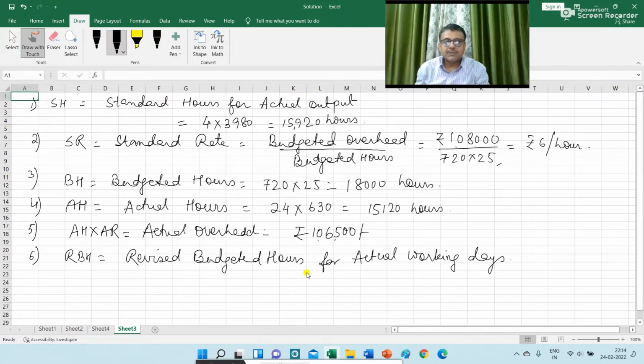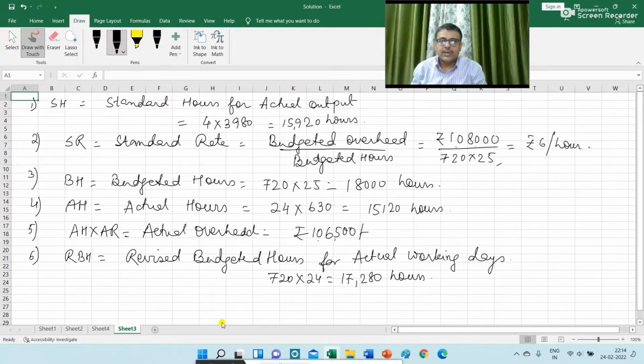So the revised budgeted hour for actual working days is 720 budgeted hours per day into 24 working days, which is 17,280. So these are the 6 parameters that you have to calculate whenever you are solving a problem of fixed overhead variances and there is a calendar variance.